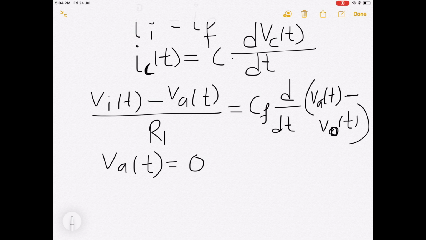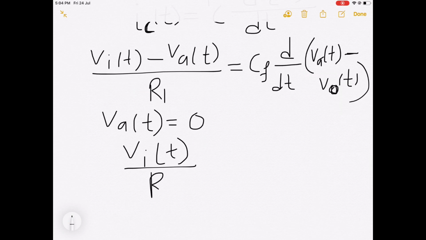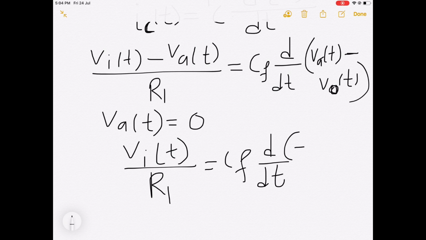So it will become Vi of t divided by R1 is equal to Cf into d by dt of Va of t minus Vo of t. Va of t is 0, so it will be minus Vo of t.